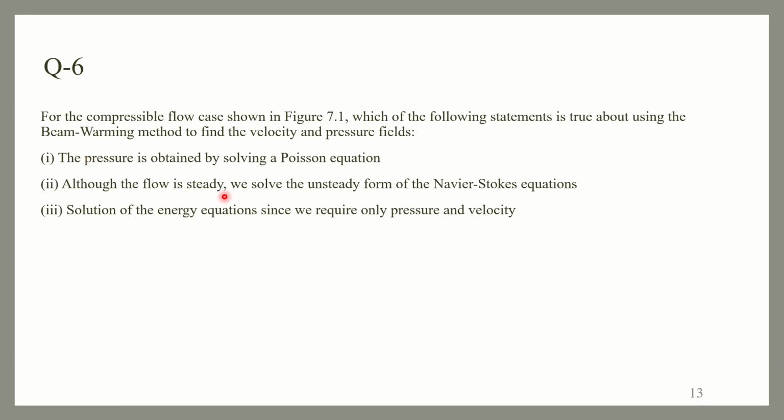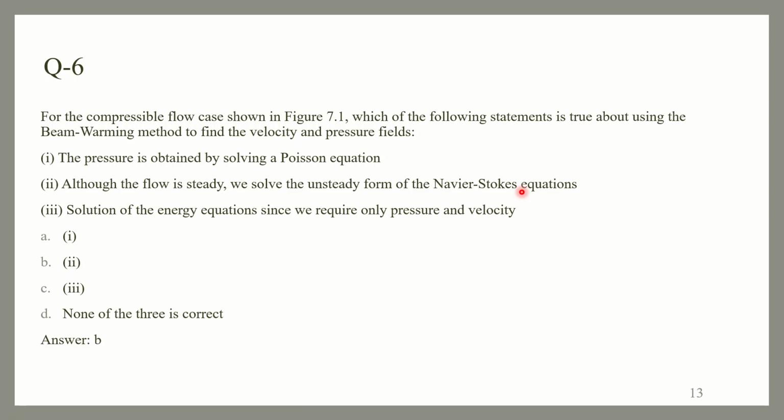Second, although the flow is steady, we solve the unsteady form of the Navier-Stokes equation. And third, solution of the energy equation, since we require only pressure and velocity. Option A is 1, option B is 2, option C is 3, option D is none of the three is correct.